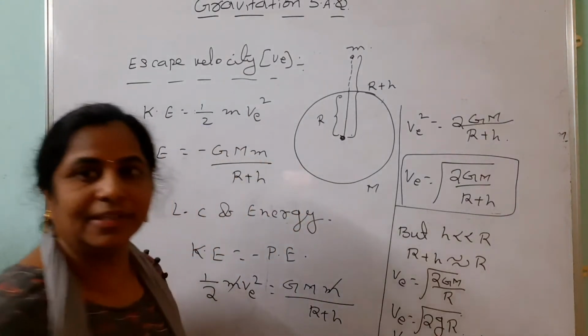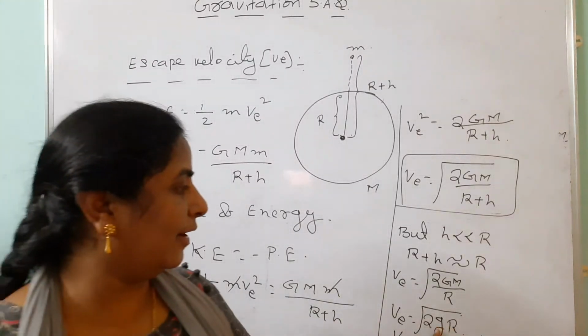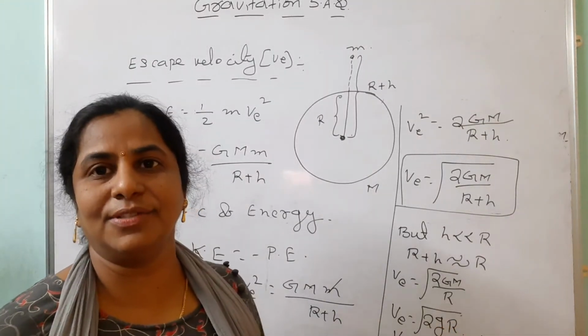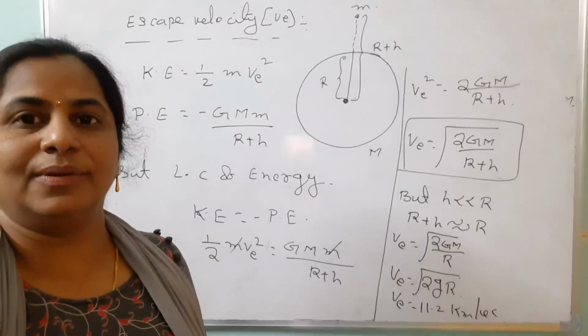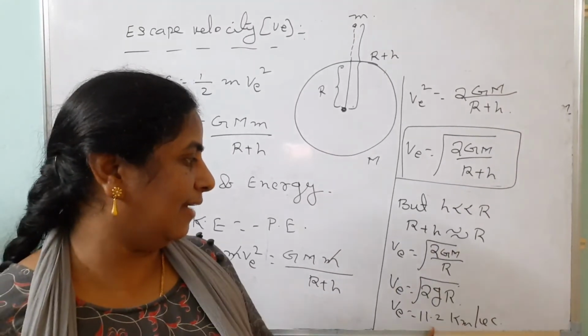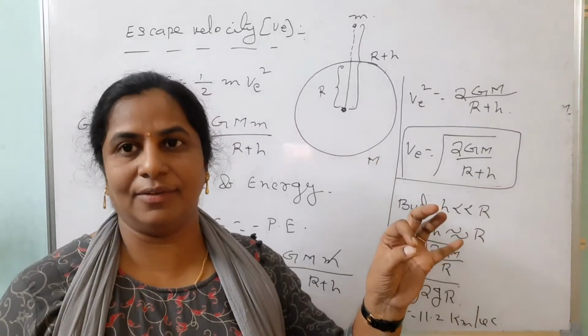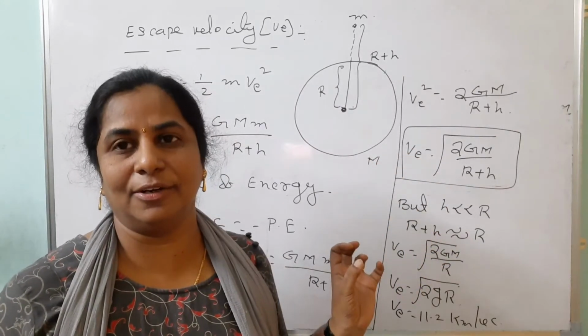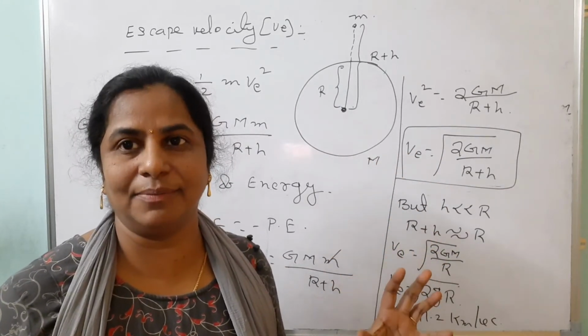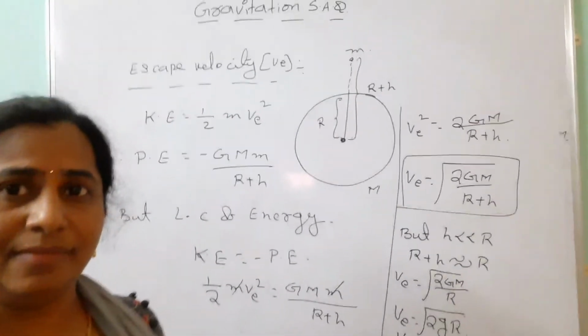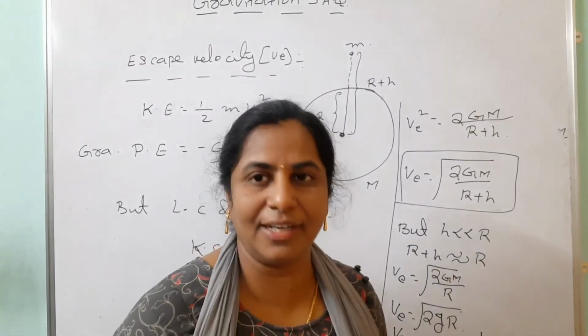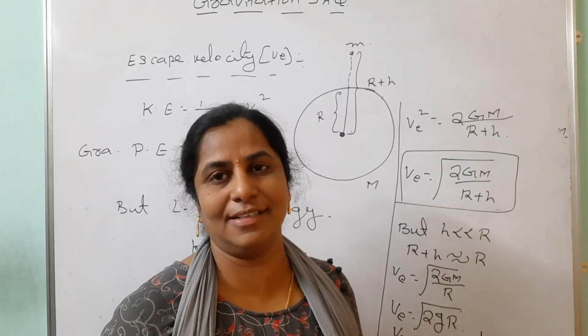When we substitute g value 9.8 and R value 6400 kilometers, you can remember that the value is 11.2 kilometers per second. See, think: in 1 second we have to cover 11.2 kilometers, then only can we escape from the earth.